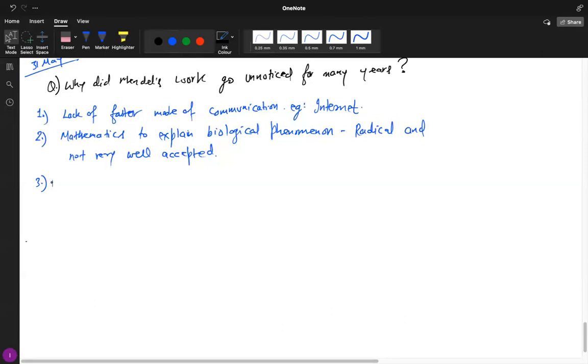He used to explain things through numbers and maths. And he was working as a priest in a church. And in that compound of the church is where he did all his pea experiments. So yes, he did not have much of a reputation as a geneticist or a biologist. That's correct. But that gets accommodated in the second point, that he explained biological phenomena through mathematics, which was very unpopular and uncommon at that time.